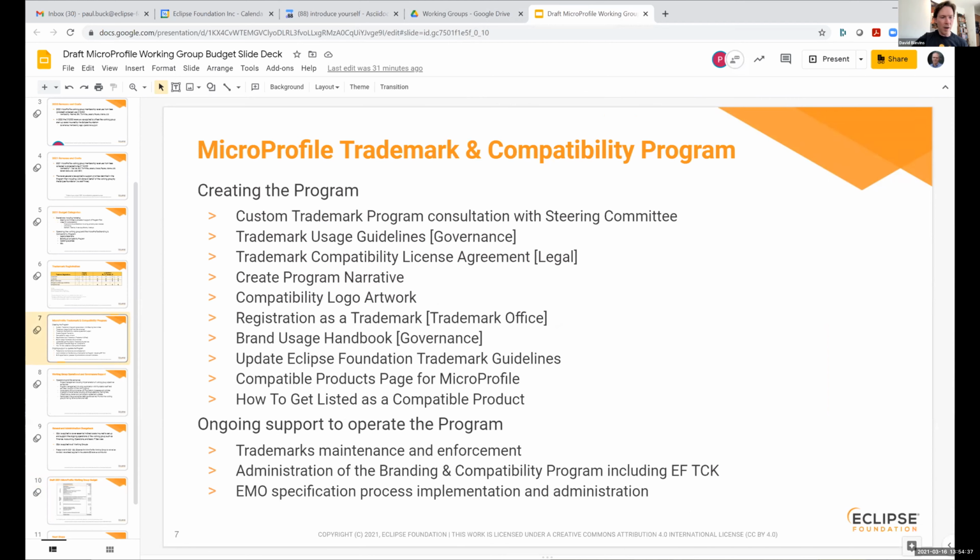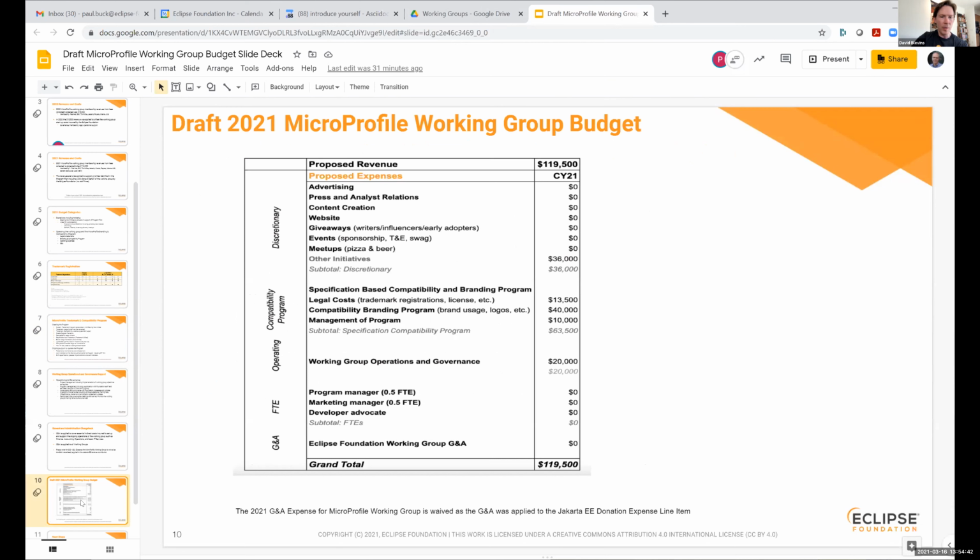And back on the budget, the working group operations and governance 20K. How does that compare to the G&A? So G&A is back office, and it's 12%. G&A is the work that the finance team, base infra support, contracting work that needs to get done based on initiatives that get driven out, usually out of the discretionary.